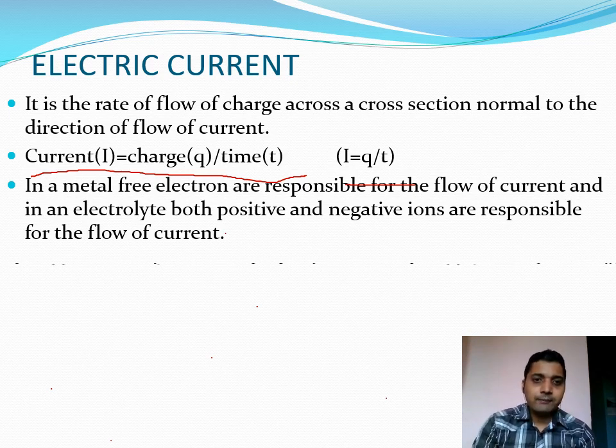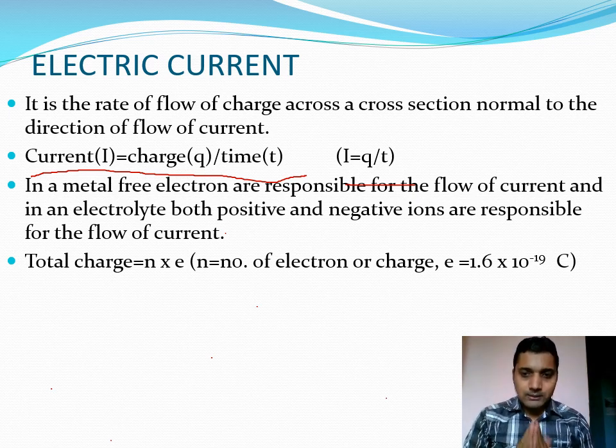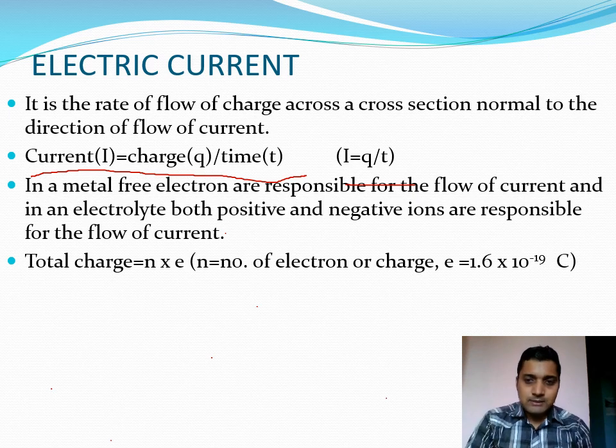So current is the flow of charge, but here I am using a term, quantum nature of charge. Quantum nature of charge means the amount of charge is always an integral multiple of the charge. Any time, we will not get the charge number as a fraction or decimal.